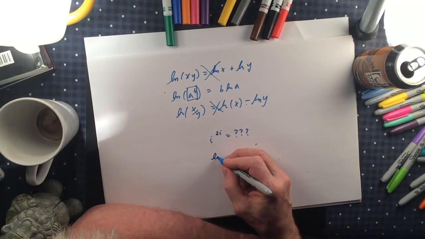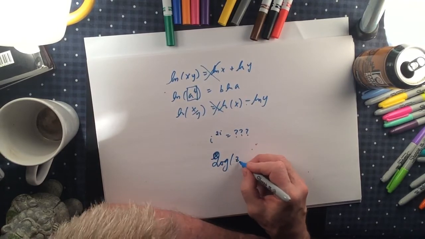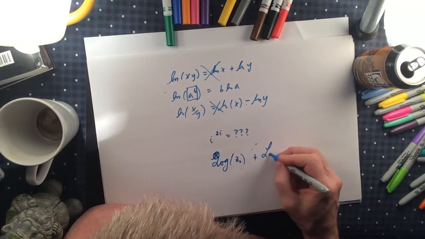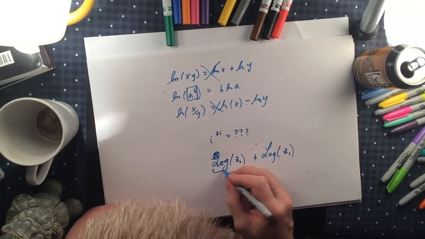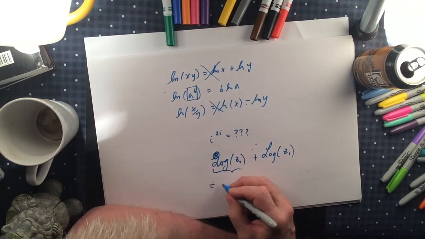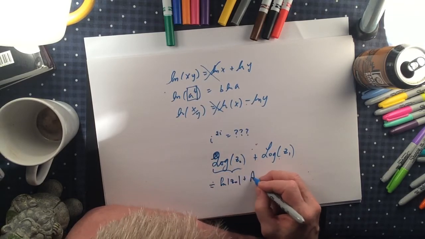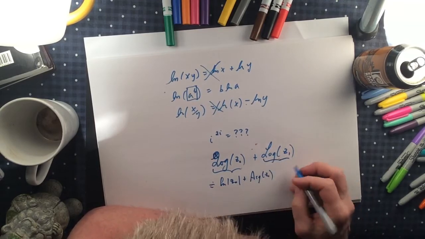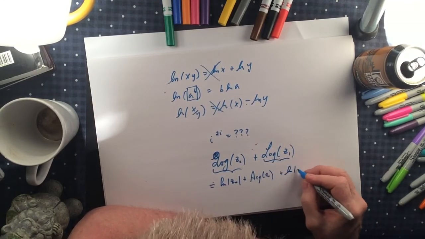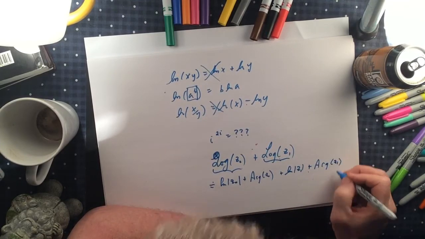Suppose you have a log of some complex number, and you're going to add it to a log of another complex number. This is going to involve, by definition, a real number and an argument of z0. And this is going to involve, by definition, a real number and the argument of z1.